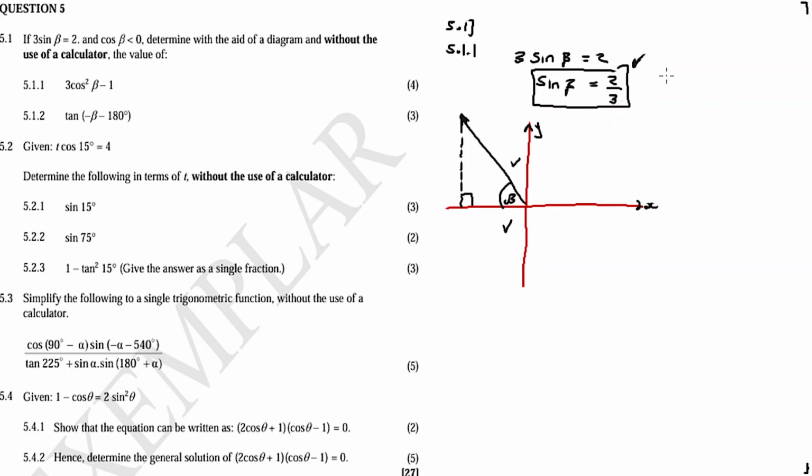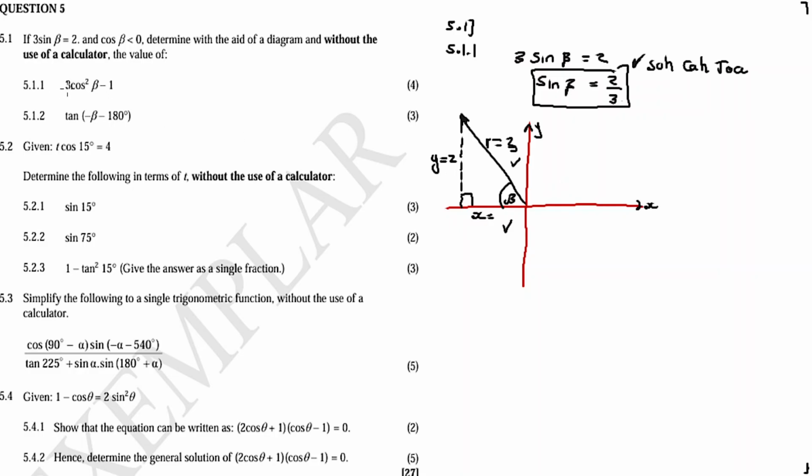Alright, sine beta: we know that sine is always opposite over hypotenuse. This means that the 2 is our opposite, and the hypotenuse is r, which is 3. Then we are short of x, which we must calculate.